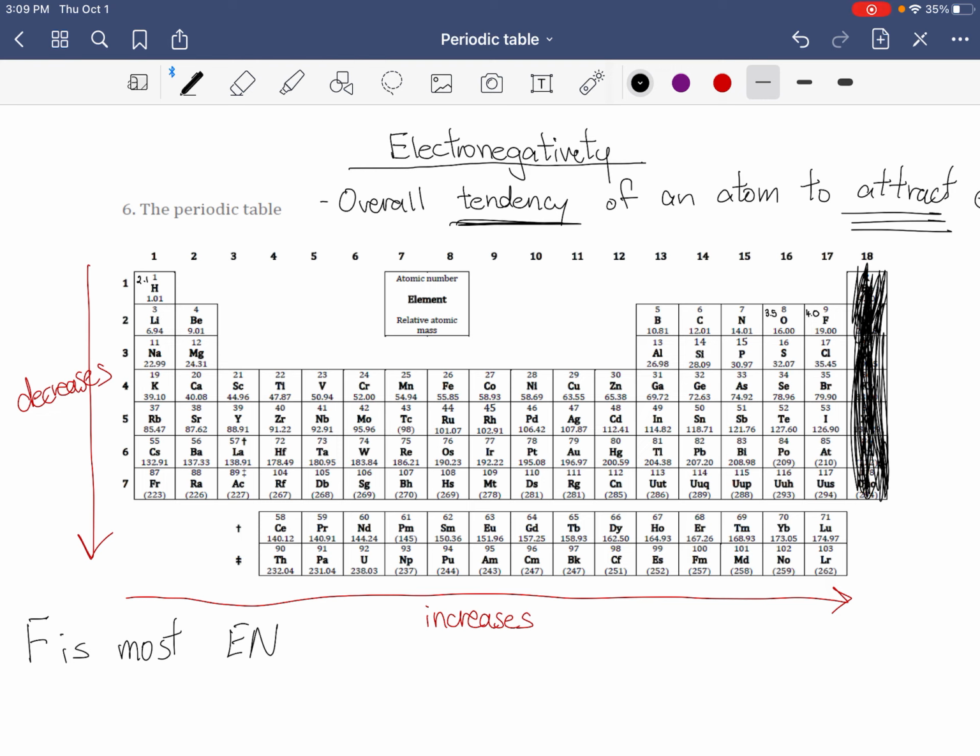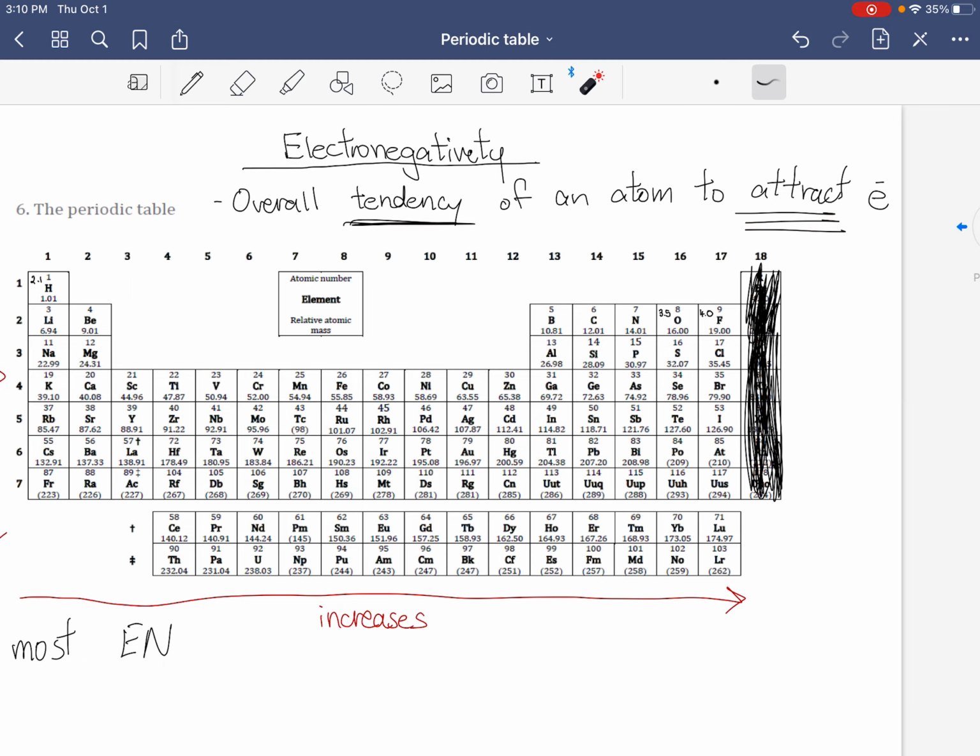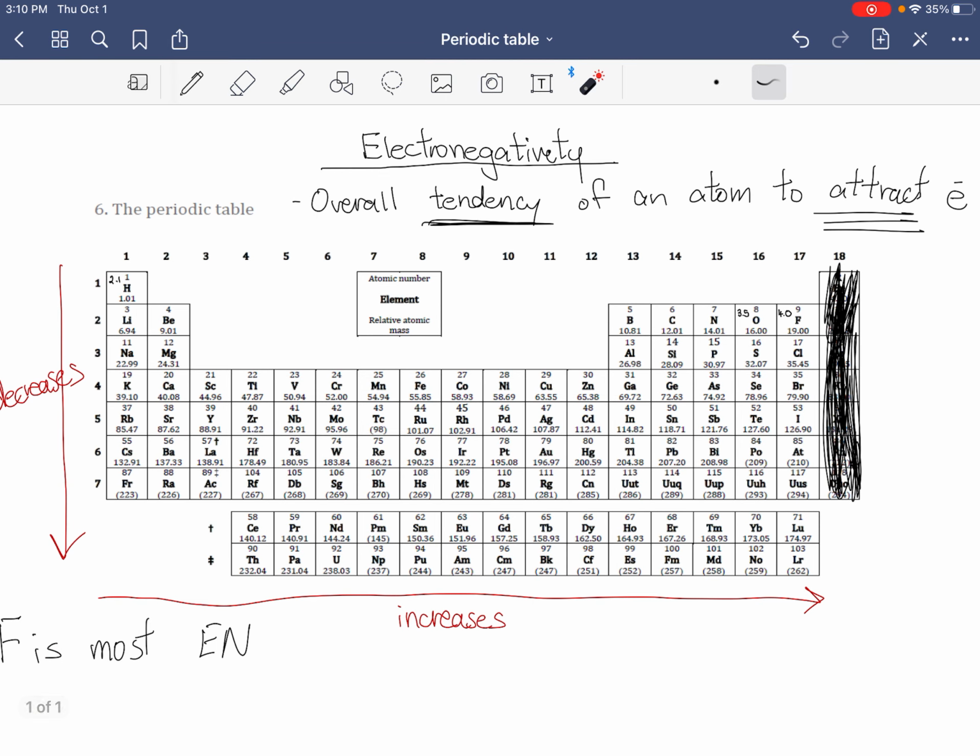Anyway, there's also something called electropositivity, but it's not something that you'll hear people talk about at all. If electronegativity is the overall tendency for an atom to attract electrons, electropositivity is the overall tendency of an atom to lose electrons, not really wanting electrons. I don't want electrons. Get that electron away from me.